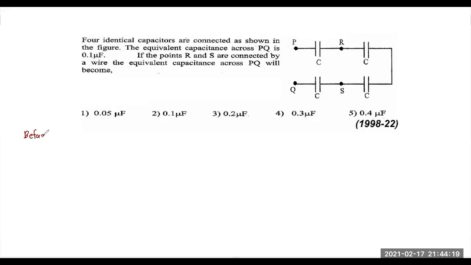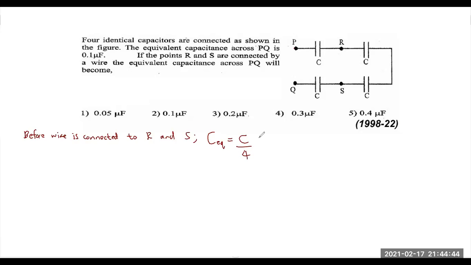Before the wire is connected to R and S, the equivalent capacitance is equal to, there are 4 capacitors in series. If there are 4 capacitors in series, the equivalent capacitance is C over 4.